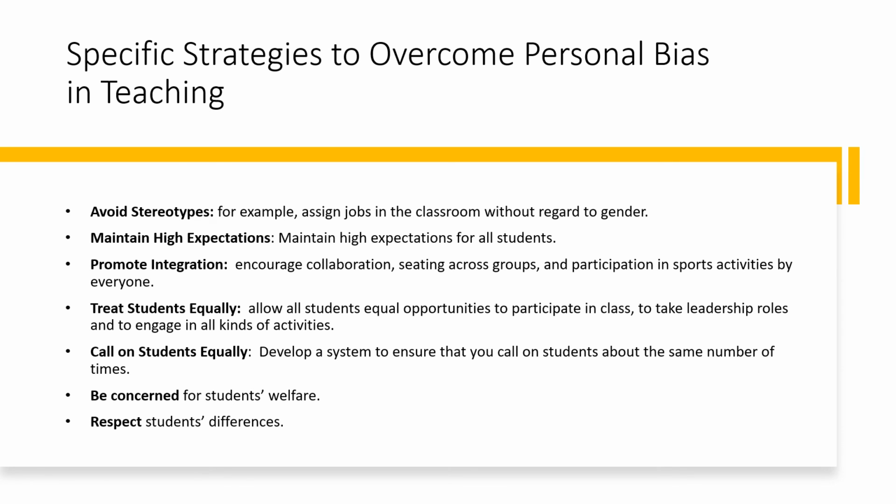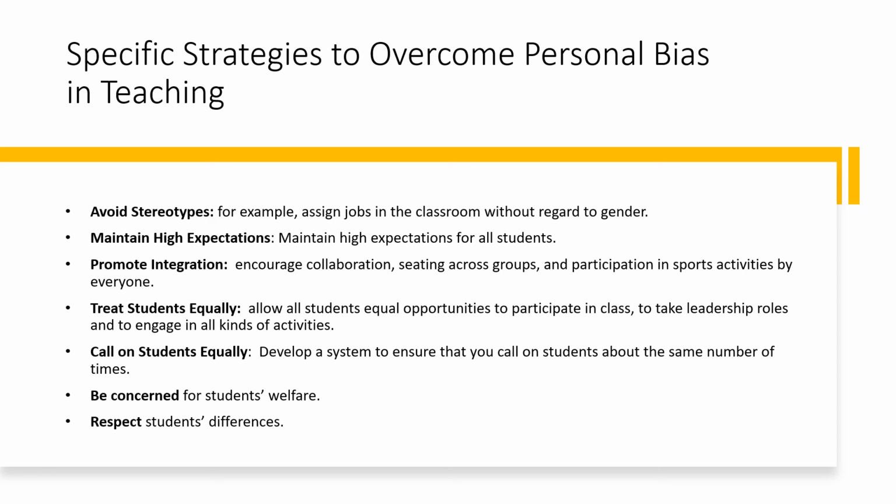Here are some specific strategies to overcome personal bias in teaching. Avoid stereotypes. For example, assign jobs in the classroom without regard to gender. I have seen examples of students sent out on field trips where the boys get to do more physically active things than the girls. That's an example of assigning based on gender.